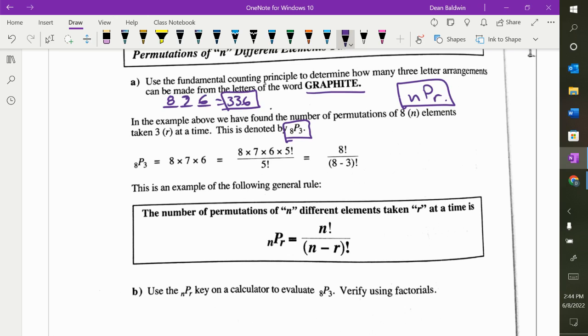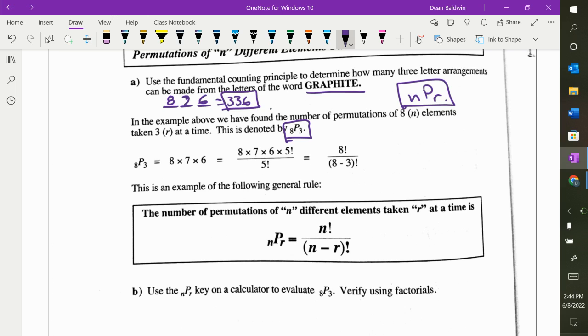N is the number of objects you have total. R is the number of objects you're picking. So for this one, I have 8 objects and I need to pick 3. So you hit 8, nPr, 3, and then you might have to hit equals. Every calculator is different. You should get 336.